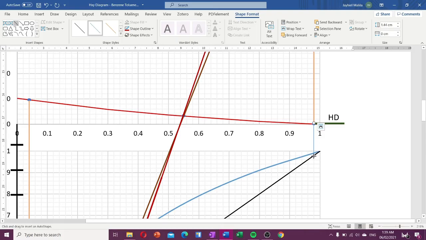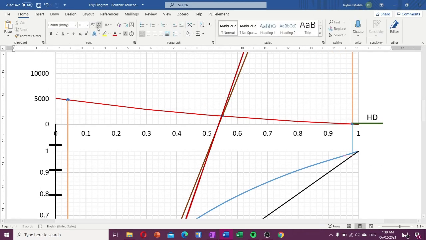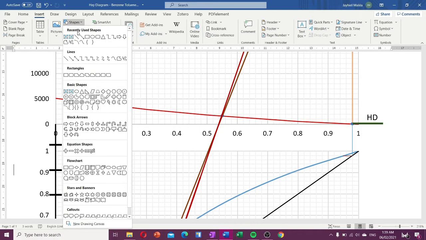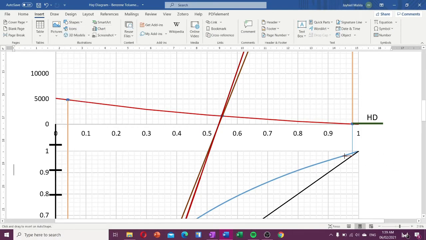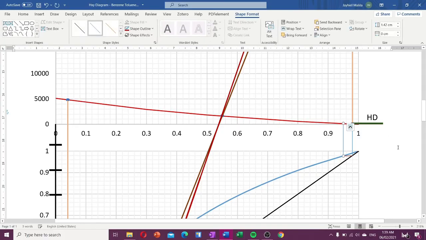So this is actually the reverse of what we did earlier. Let's make this red to make it clear. And then last but not least, after the vertical and horizontal, we're doing the vertical again to touch it here. So the reading is, I think, around 0.95.